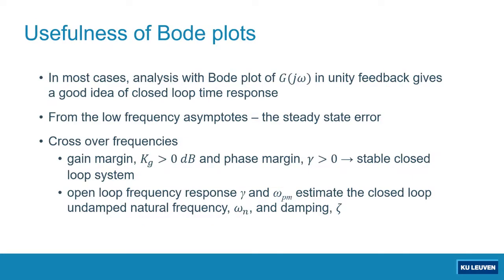Just to conclude here, I would like also to conclude a few points from our previous short videos. In most cases, analysis with a Bode plot of an open loop transfer function in our unity feedback system will give us a pretty good idea of the response of the closed loop system, right?